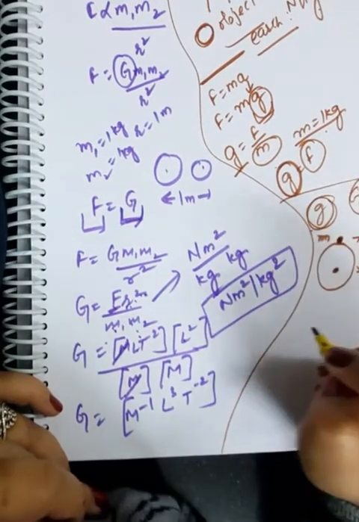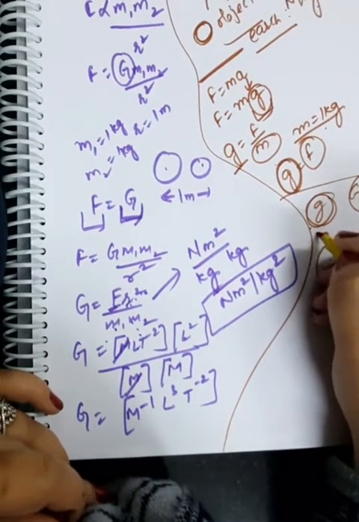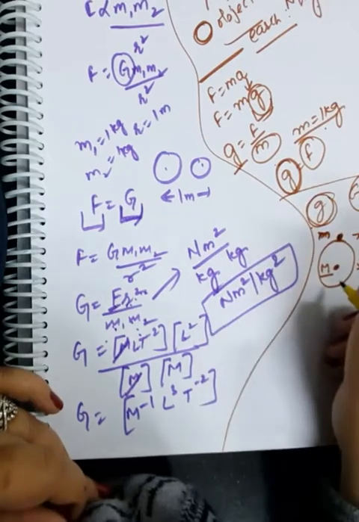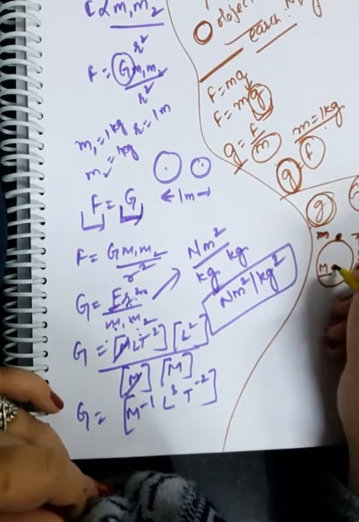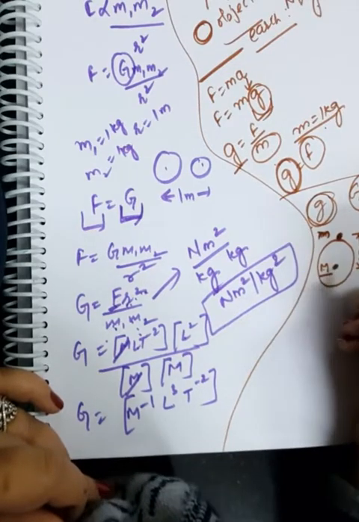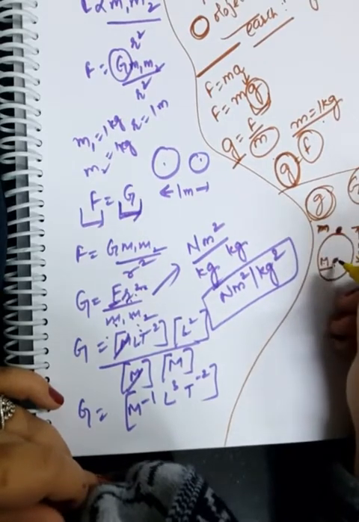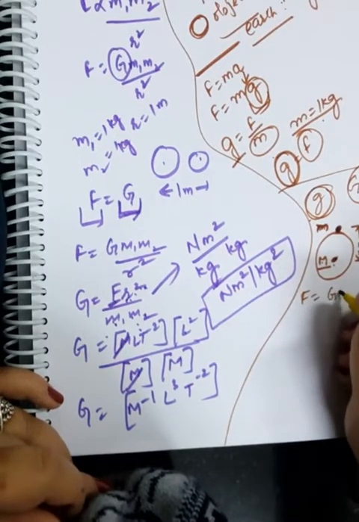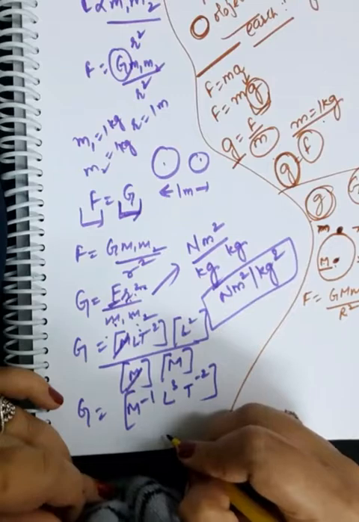That object is going to face a force of attraction because of the earth's mass, which is situated at its center, the center of mass. So what will be the force of gravitation between this object and the earth? F is equal to G M m upon capital R square, right?